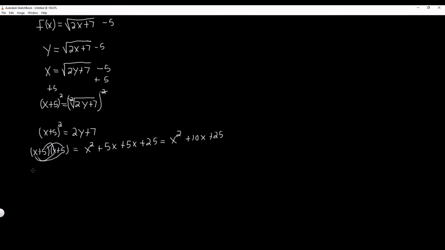So on the left hand side we have x squared plus 10x plus 25 is equal to 2y plus 7.